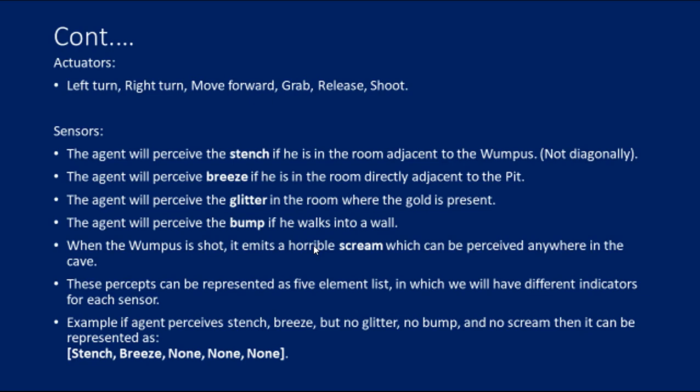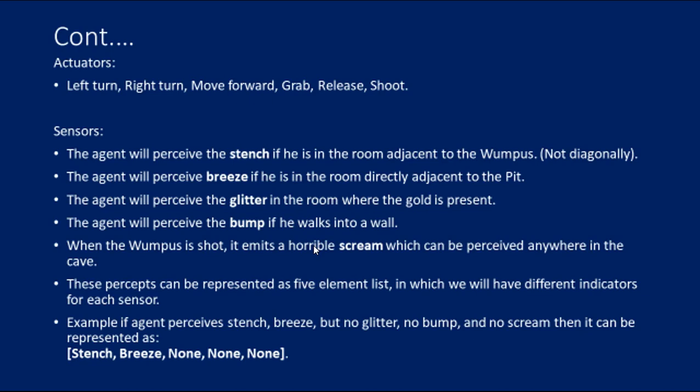Partially observable: the Wumpus world is partially observable because the agent can only perceive the close environment, such as an adjacent room. Deterministic: it is deterministic as the outcomes of the world are already known. Sequential: the order is important, so it is sequential. Static: it is static as the Wumpus and pits are not moving.